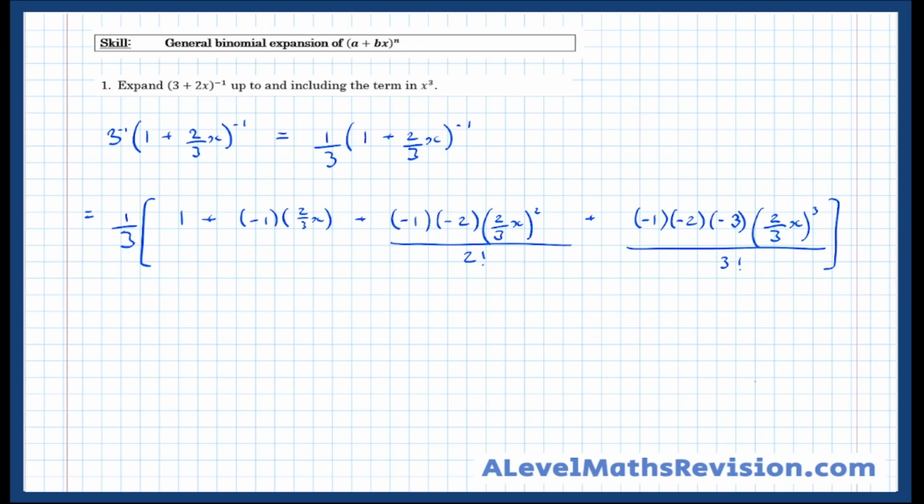And we only wanted up to and including the term in x cubed, as per the question. So let's go ahead and simplify that now.